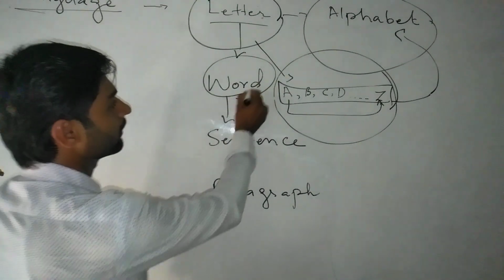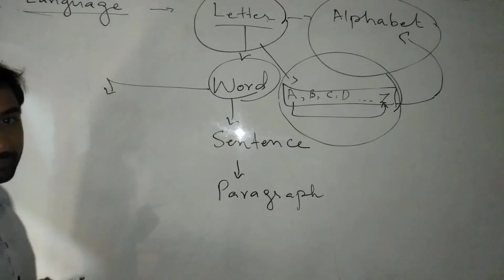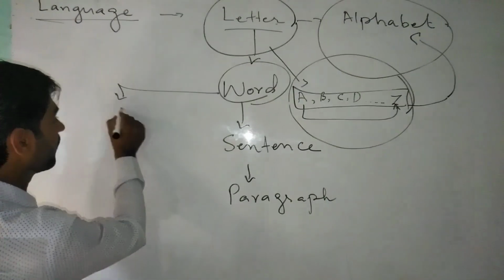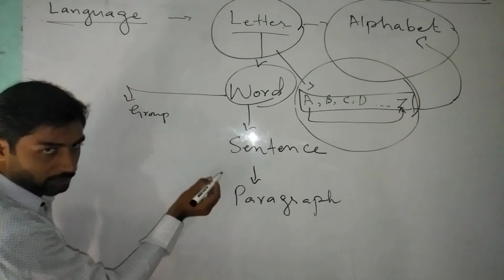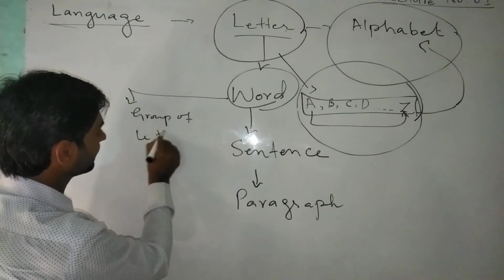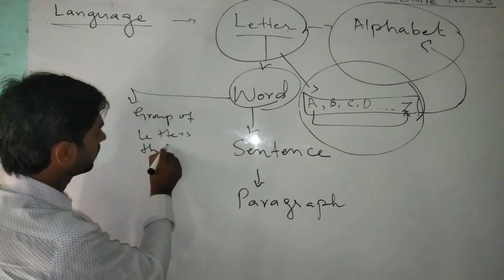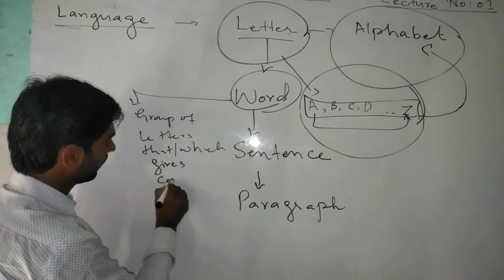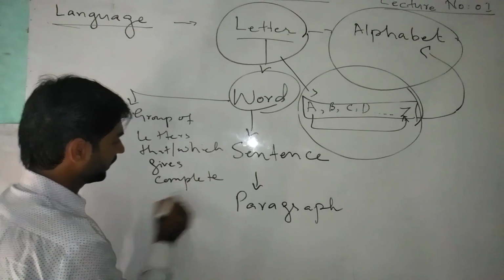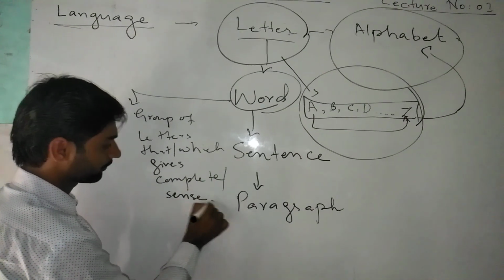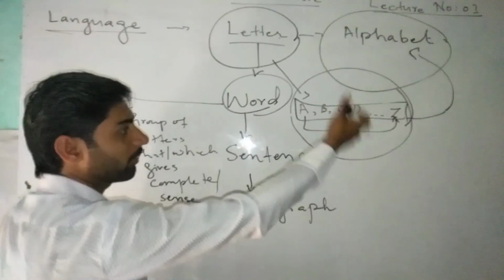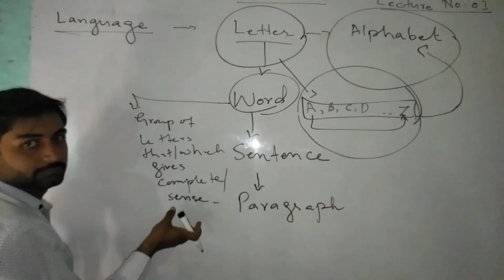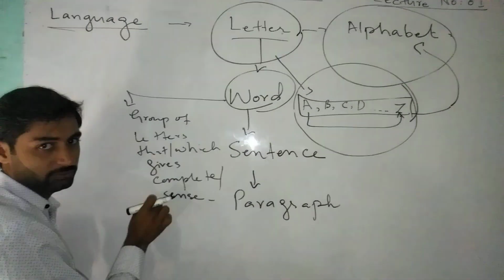What is a word? A word is a group of letters which gives complete meaning or sense. An alphabet is a set of letters and a word is a group of letters which gives complete meaning or sense.